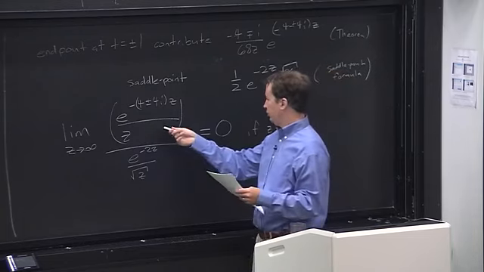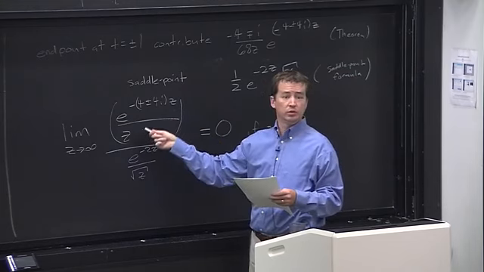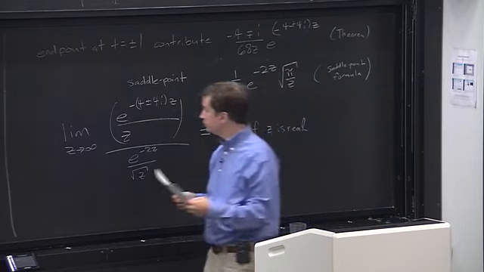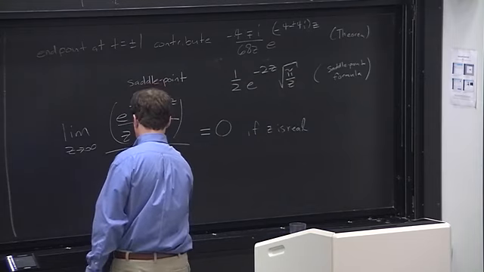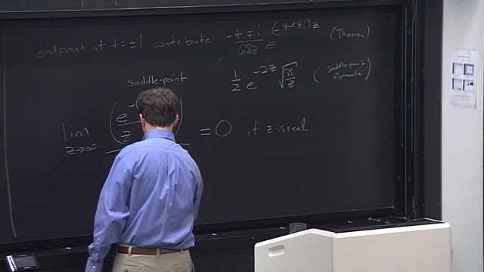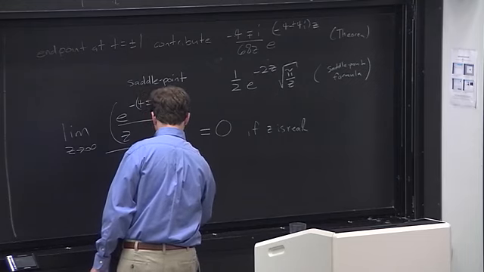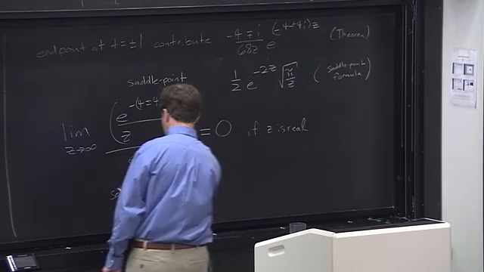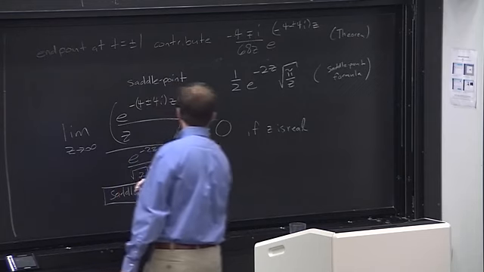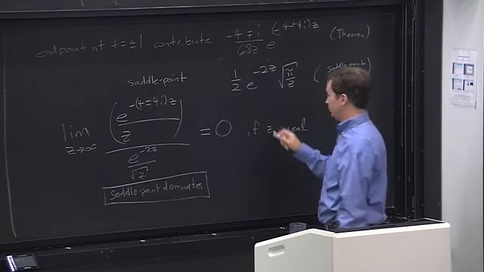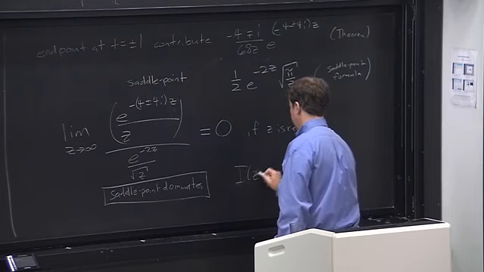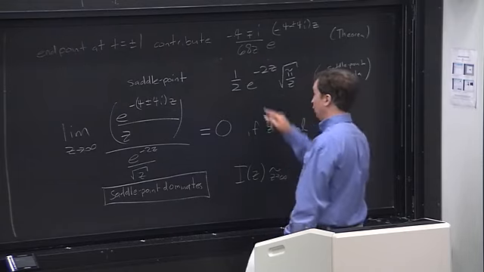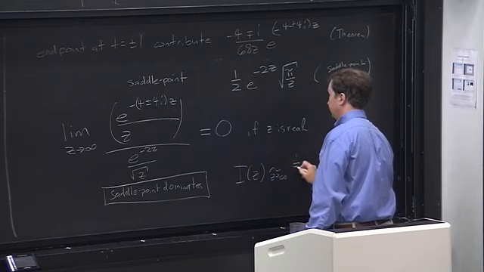So that's telling us that the endpoint contributions are much smaller than the saddle point contribution. So saddle point dominance. And so we should write that I of z is asymptotic to the saddle point term. At the level of calculation we've done so far, we're only justified in keeping this saddle point term.